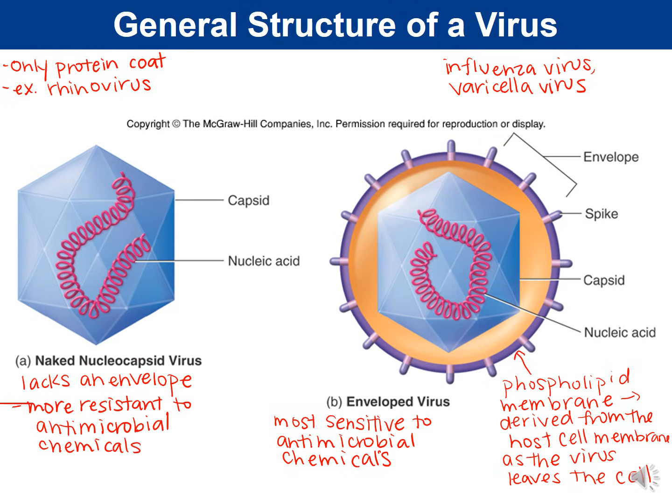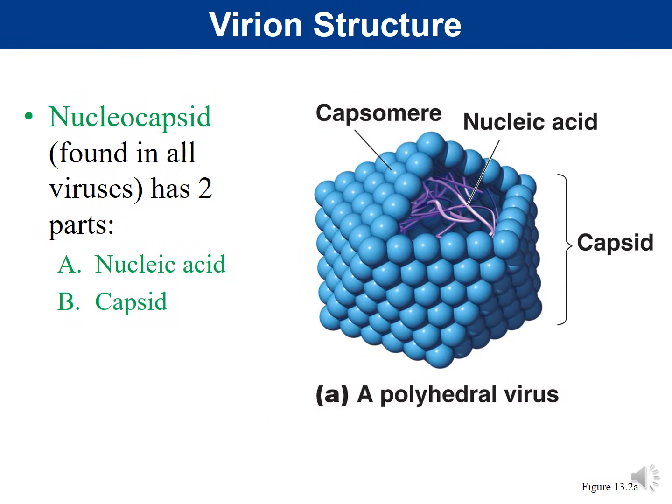Now we're going to look at some more detail about these two types of virus particles. The nucleocapsid is found in all viruses, and it has two main parts: a nucleic acid core and a protein capsid. We're going to talk a little bit more about each one.